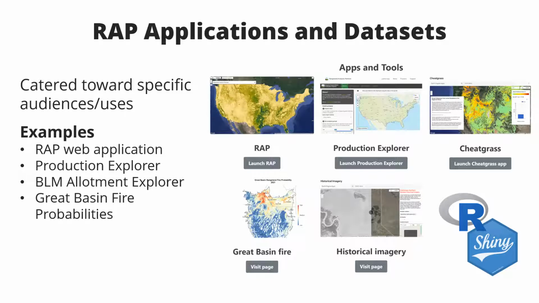We have the Production Explorer, which is catered towards sustainable ranching. We have a cheatgrass application that focuses on annual invasive grasses across the West and that issue. And then we have some scientific data sets built on top of the RAP to estimate fire probability across rangelands, things like that.